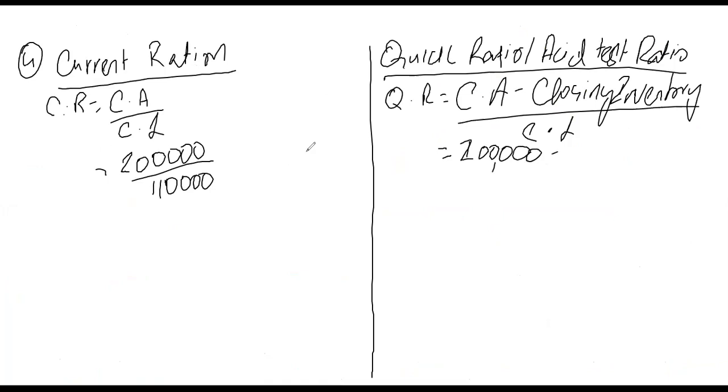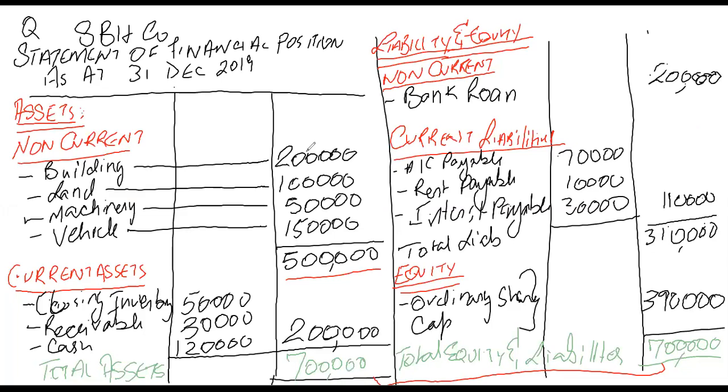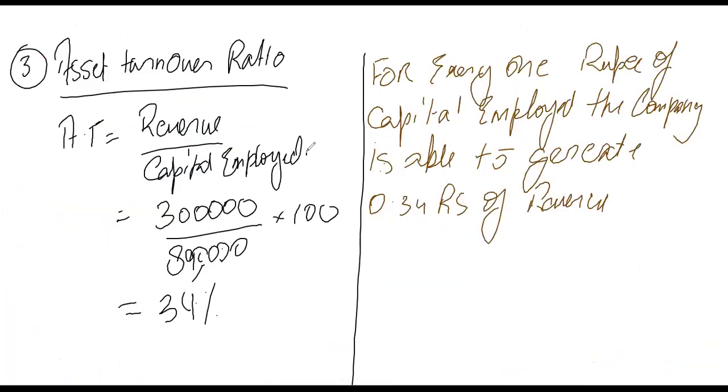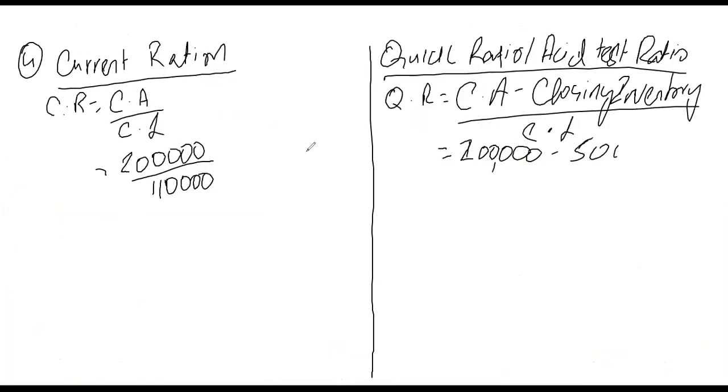And for the quick ratio: 200,000 minus the value of closing inventory. The value of closing inventory we are given is 50,000. Let me deduct the 50,000 from the current assets value and divide it by the current liabilities value of 110,000.